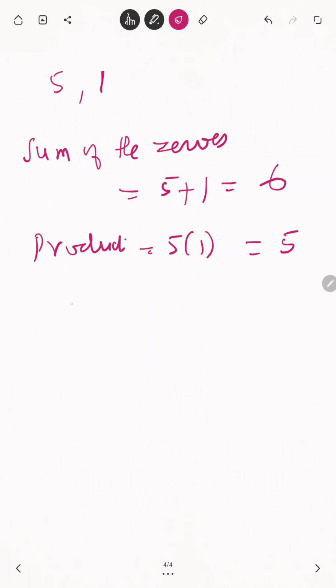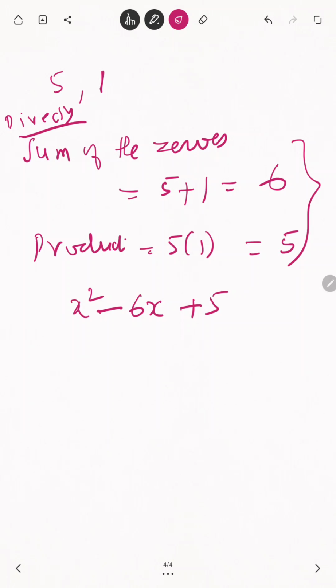But what expression did they give? x square minus 6x plus 5. This we did directly. Now they are asking to verify this by the coefficients. What is the meaning of this? Now I will explain. Take verification.